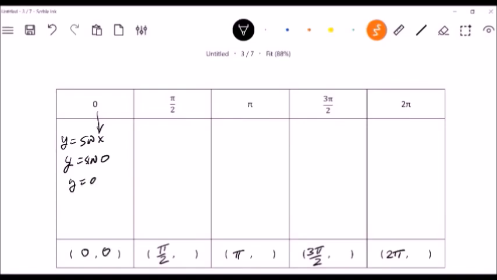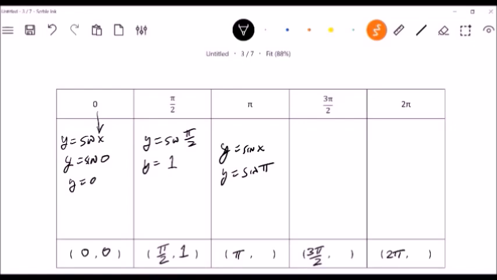And then for pi over 2, we're going to do y equals the sine of pi over 2. Well, the sine at pi over 2 on the unit circle is the number 1. Okay. So we'll put a 1 here. Y equals the sine of x. Oops, and actually now I'll just replace x.